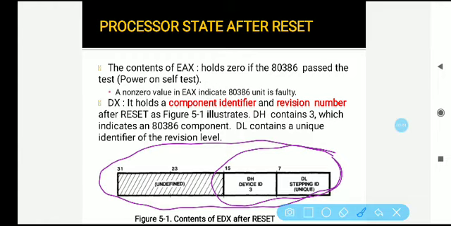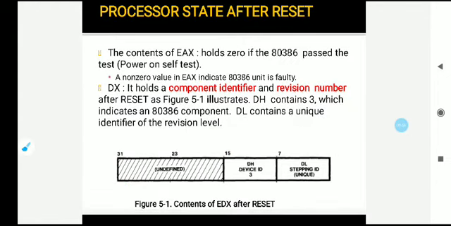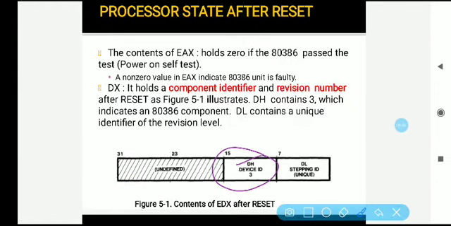So after a reset, as shown in this diagram, this part is called DH, and it contains value 3, which indicates an 80386 component, and DL contains a unique identifier for the revision level. It is also called the stepping ID.